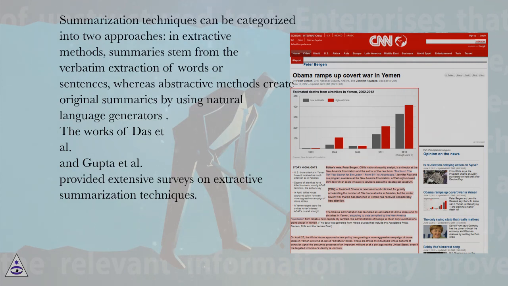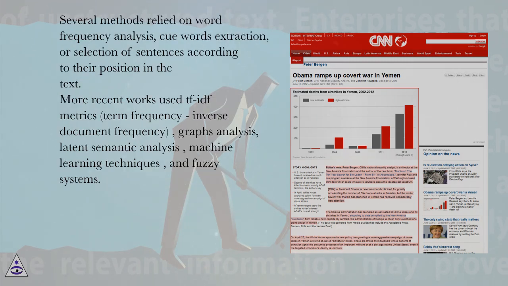In extractive methods, summaries stem from the verbatim extraction of words or sentences, whereas abstractive methods create original summaries by using natural language generators. The works of Das et al. and Gupta et al. provided extensive surveys on extractive summarization techniques. Several methods relied on word frequency analysis, keywords extraction, or selection of sentences according to their position in the text.